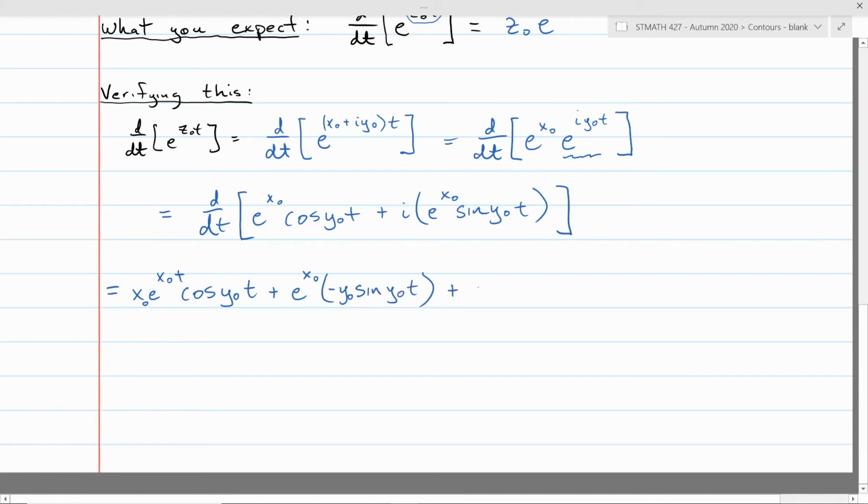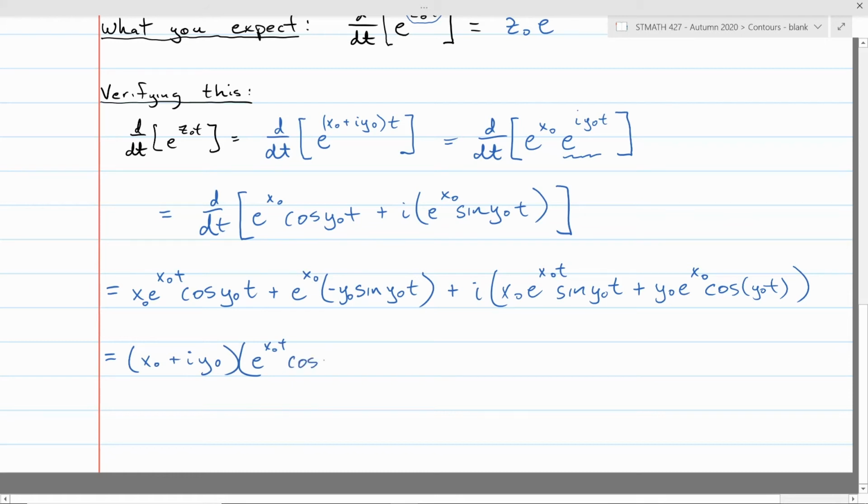Then differentiating the imaginary component is very similar. You get x naught e to the x naught t sine of y naught t, and then this time plus y naught e to the x naught t cosine of y naught t. And then you can convince yourself that this is actually x naught plus i times y naught multiplied times e to the x naught t cosine y naught t plus i times e to the x naught t sine of y naught t.